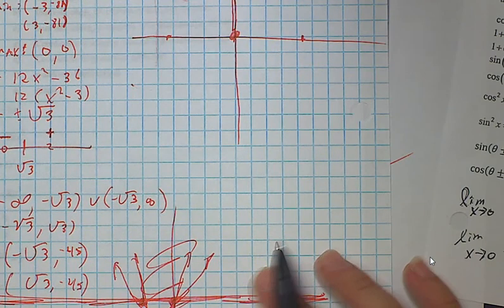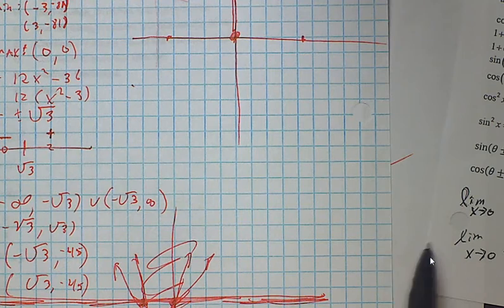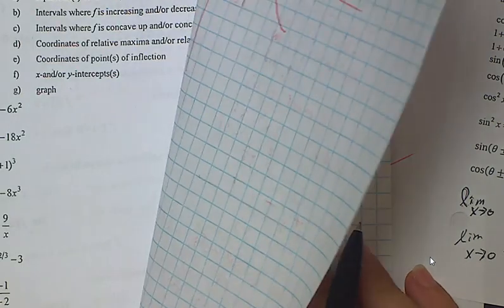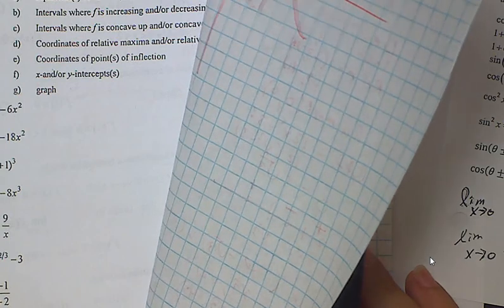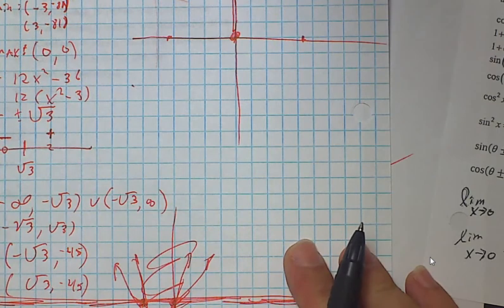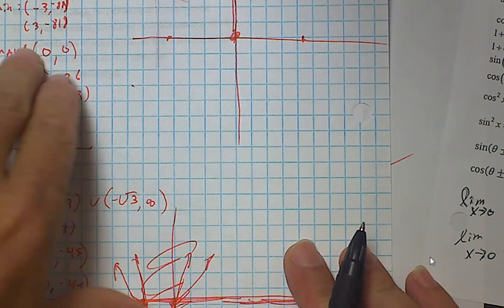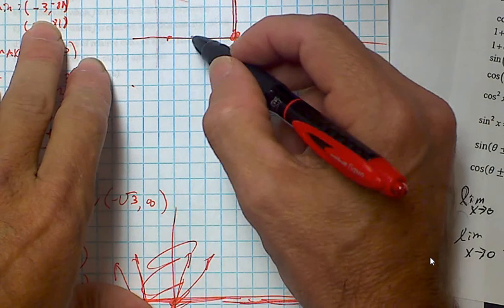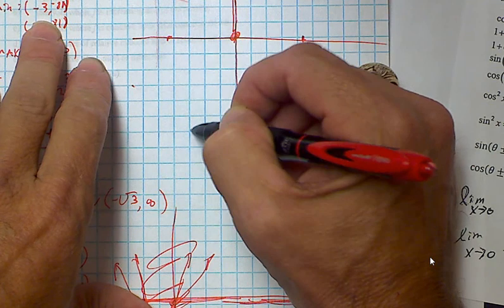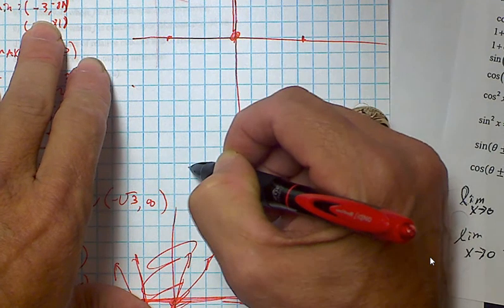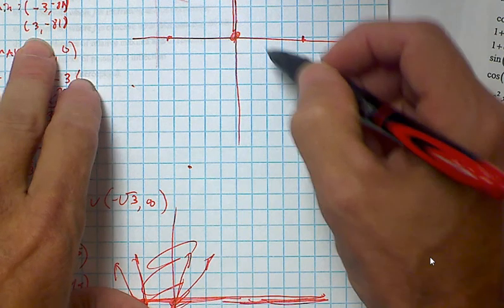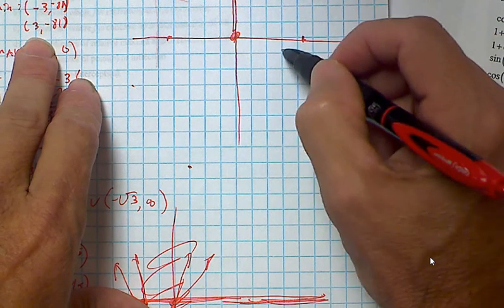All right, I need to plot the maxes and the mins. We had relative mins at negative 3, negative 81, and positive 3, negative 81. So there's my relative min.